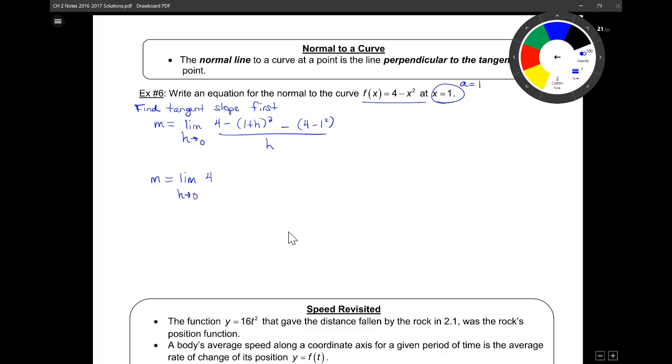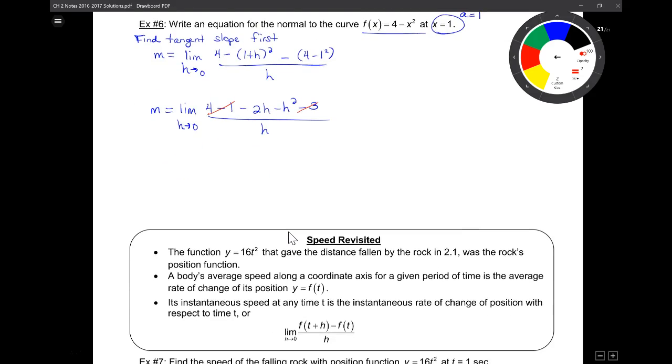So I have 4 minus 1 minus 2h minus h squared minus 3, all over h. The 4 minus 1 will cancel the 3 at the end. So if I take out an h, I'm left with a negative 2 minus h on the top.